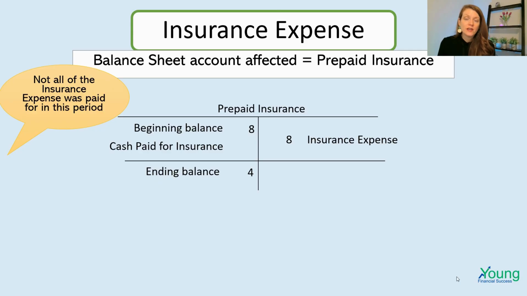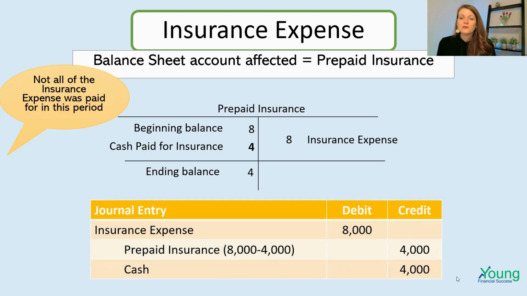Instead, part of it was paid back in 2025, and we're taking it out of prepaid insurance and expensing it out. So if we had a beginning balance of 8, an ending balance of 4, and then we show insurance expense on the income statement of 8, then we would say, okay, only 4 was actually paid in cash. The rest of it we had already paid in 2025.